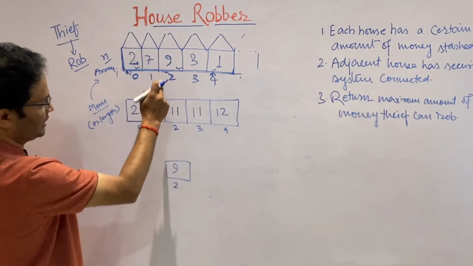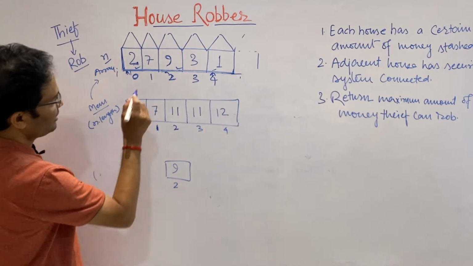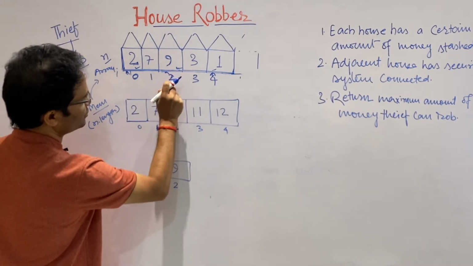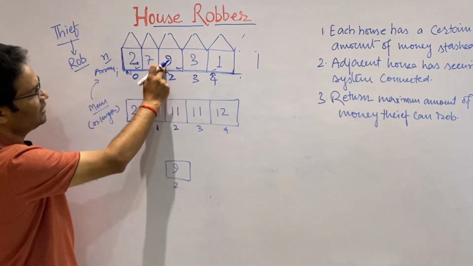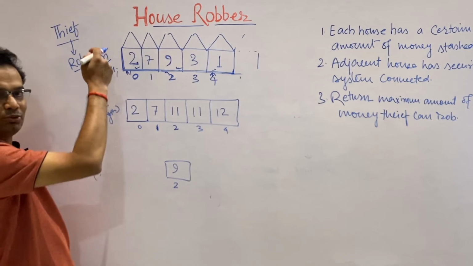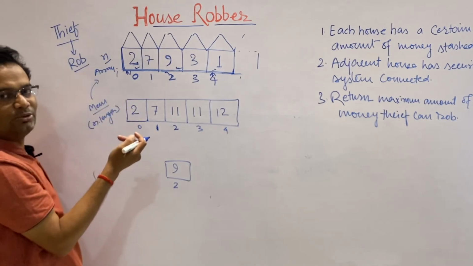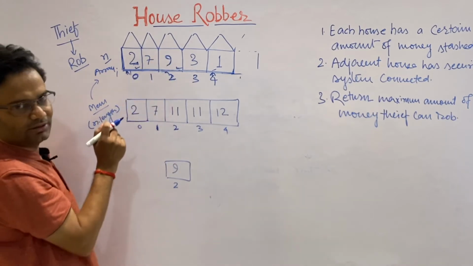Let me start from the 9 one, right? So 9, what will you do, what is the value of index 2? The index 2 value is the 9. So you can check 9 plus the previous to previous house, how much money was there, because you cannot rob the previous house if you rob the 9, right?